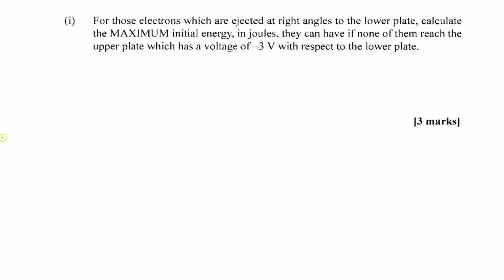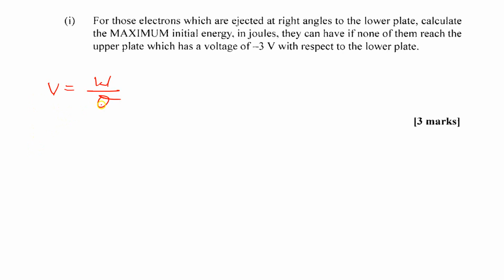Remember now that to move an electron from one point to another is talking about a potential difference, and we know potential difference is energy divided by charge. You're doing work on the charge to move it from one point to another. The potential you're trying to move the charge through is going to be the 3 volts.